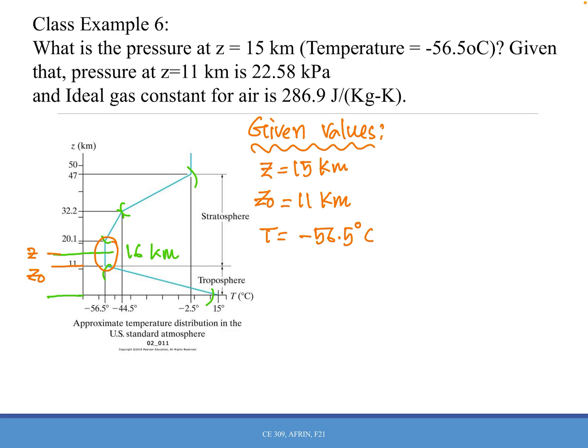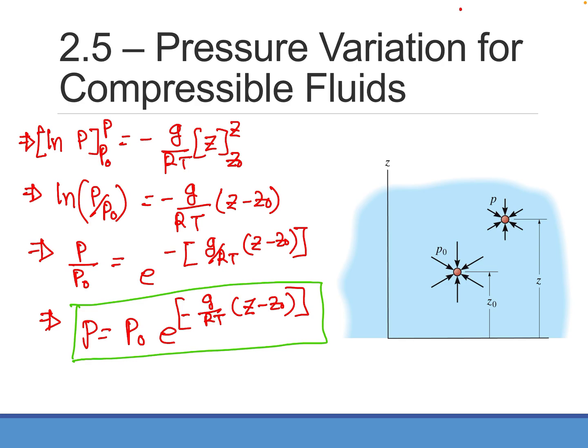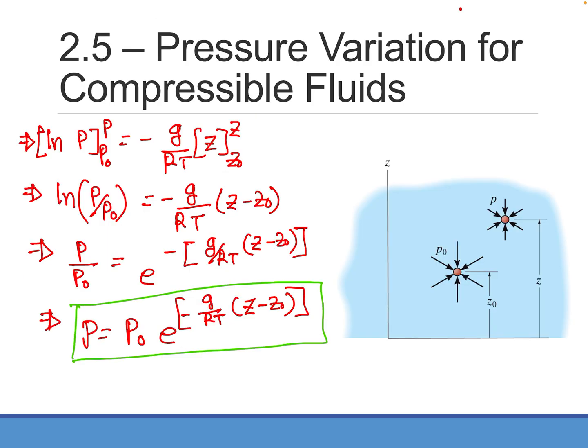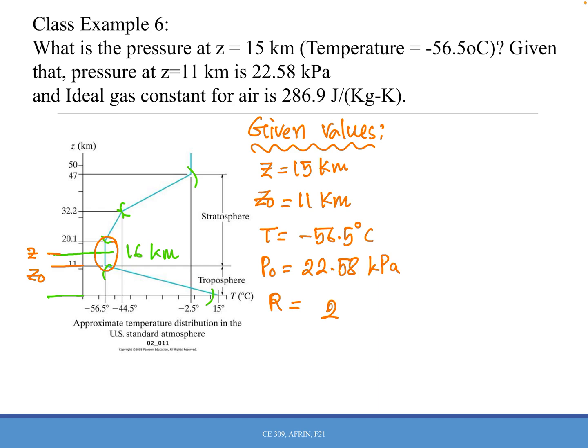The pressure at Z naught, P naught, equals 22.58 kilopascal, and we know R, which is 286.9 joule per kg Kelvin.